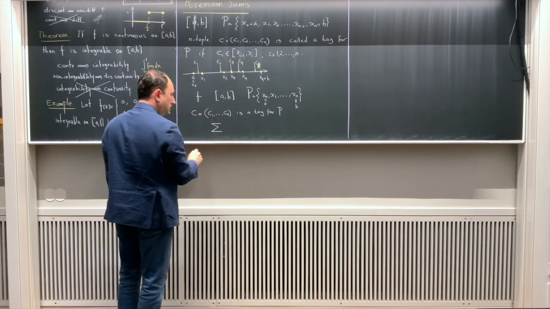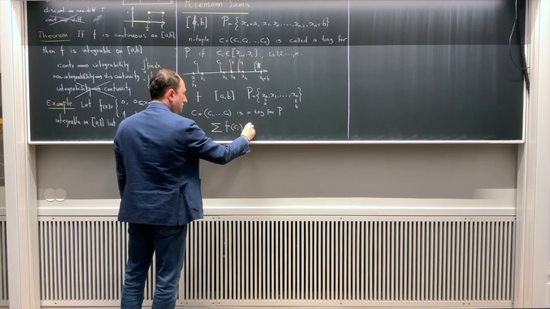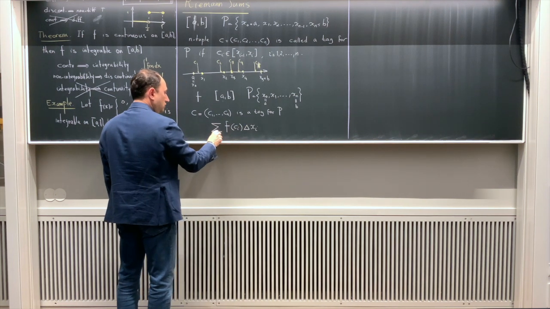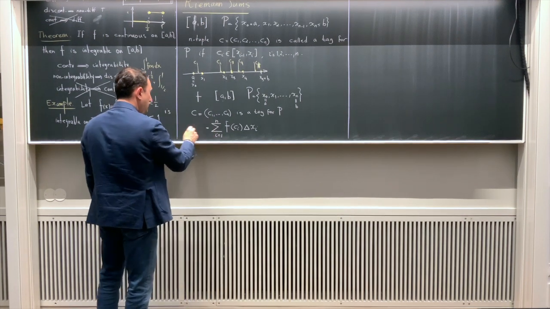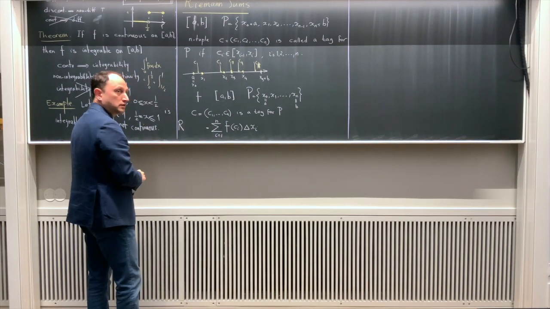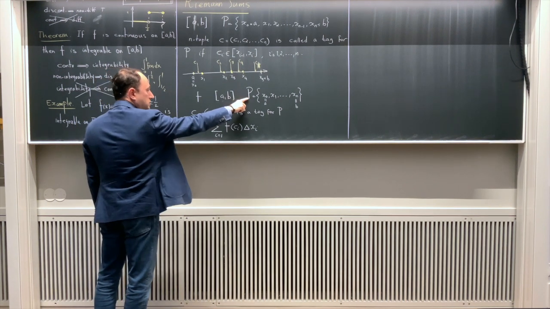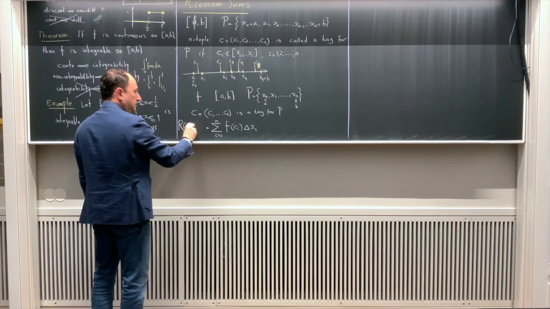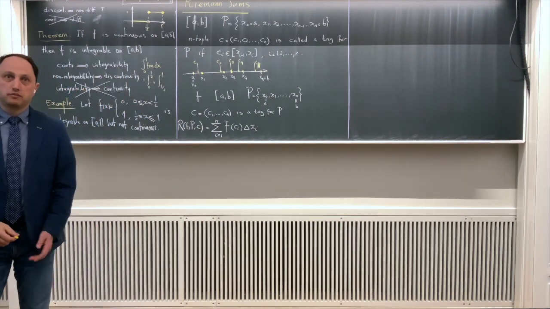You write the sum of f of ci times delta xi, where i goes from 1 to n. This is called the Riemann sum for your function corresponding to this partition and this tag. So that's the meaning of the Riemann sum.